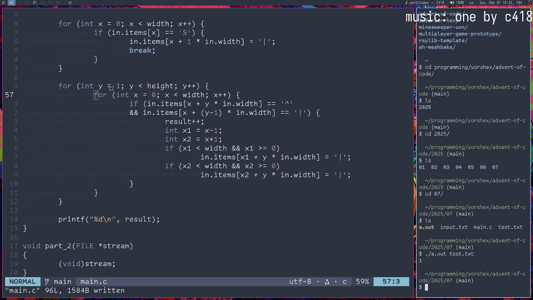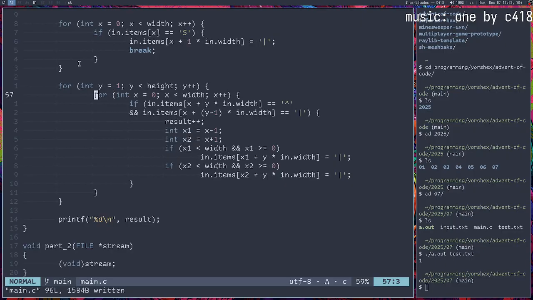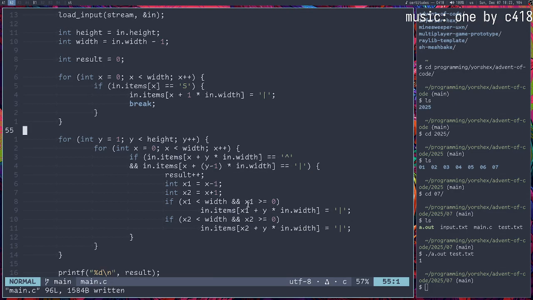That's very weird. Int y equals 1, y is less than height, for int x equals 0, x is less than width, x plus plus. In items x plus y.